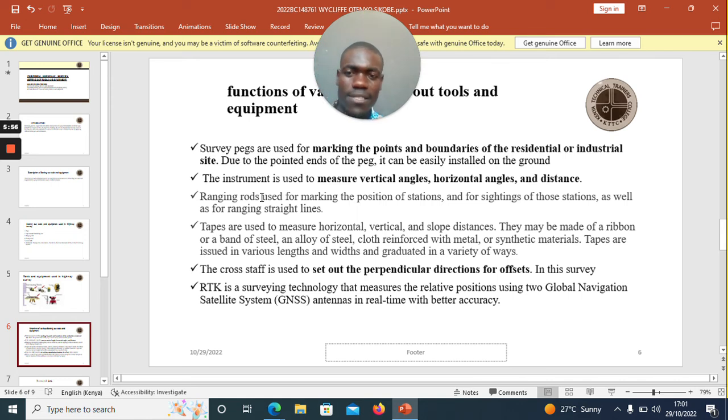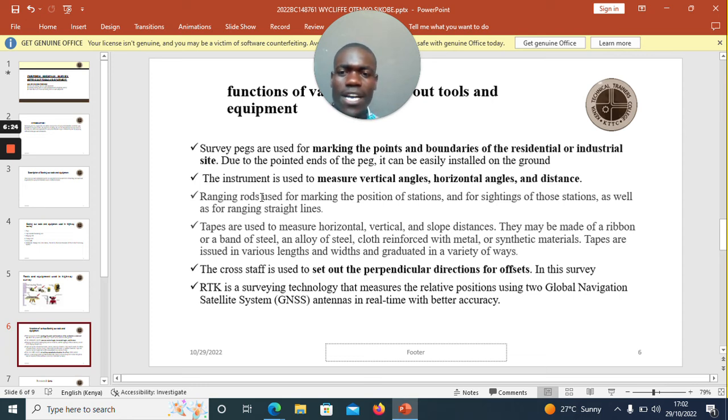Now the tapes. Basically, a tape measure is used for linear measurements. So we say that tapes are used to measure horizontal, vertical, and slope distances. Definitely, distance is a linear measurement. They may be made of a ribbon or a band of steel, an alloy of steel, cloth reinforced with metal, or synthetic materials.